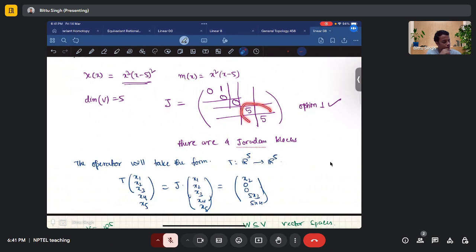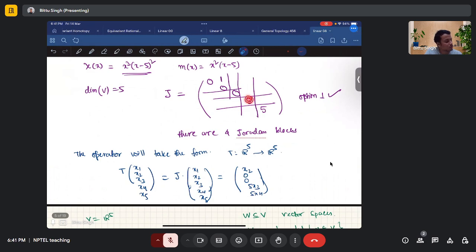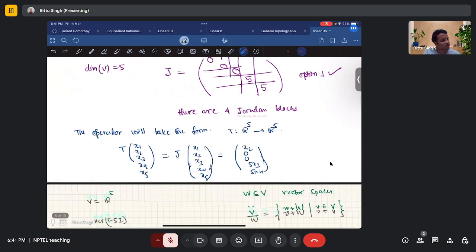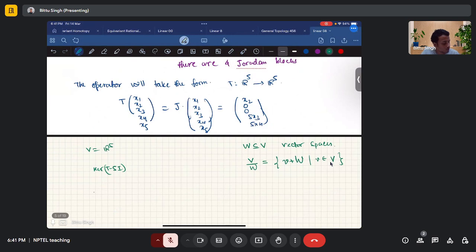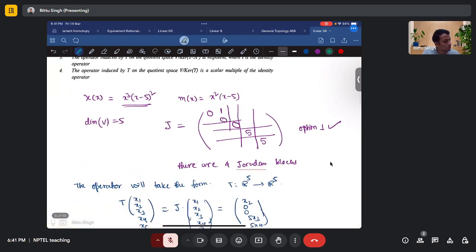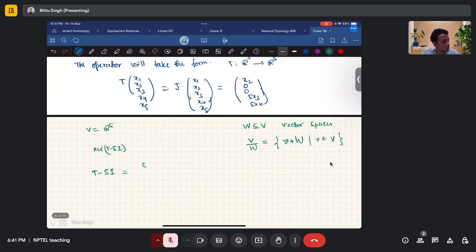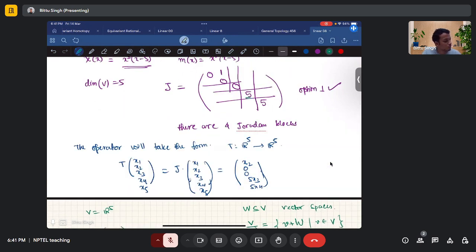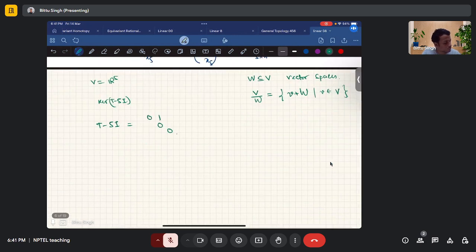again we can also look at this. So this is actually a representation of T, and T minus 5I will look like 0, 1, 0, 0, and subtracting 5 from those diagonal entries, it will again give me 0. So this is T minus 5I with respect to that same basis.